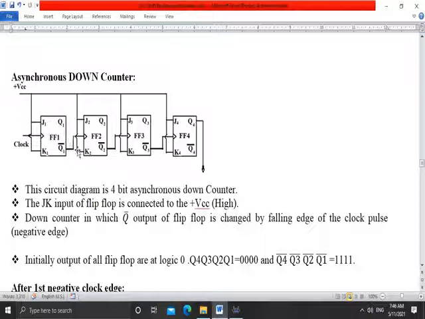So 1 to 0 is a negative change to flip flop 2. So flip flop 2 changes its state because it receives the clock as 1 to 0.